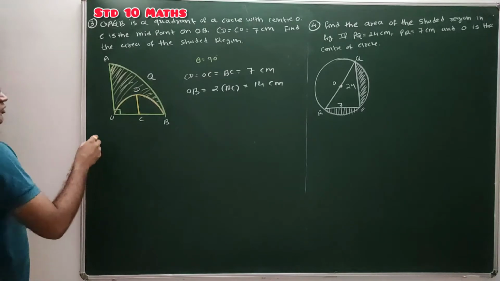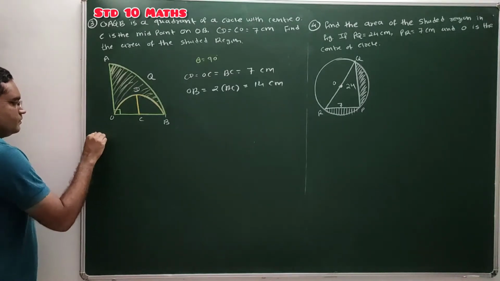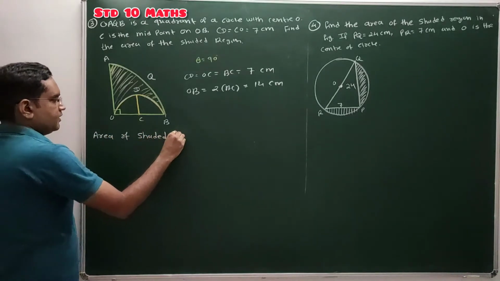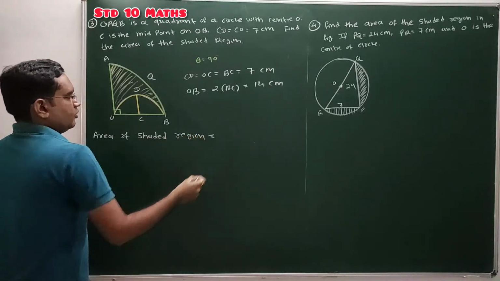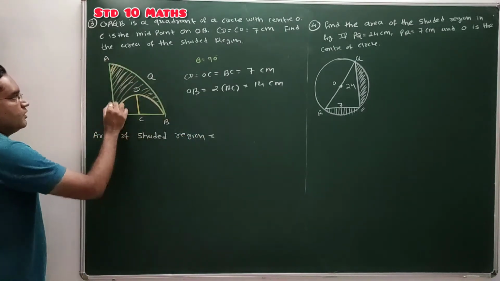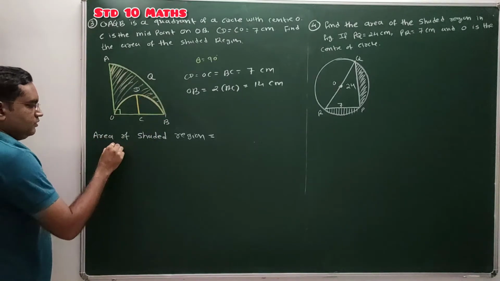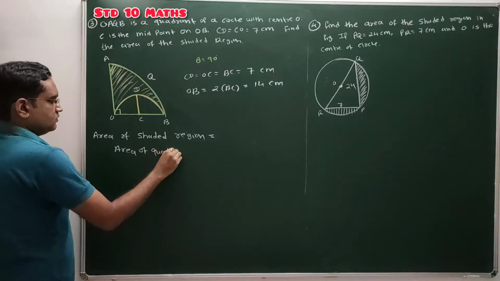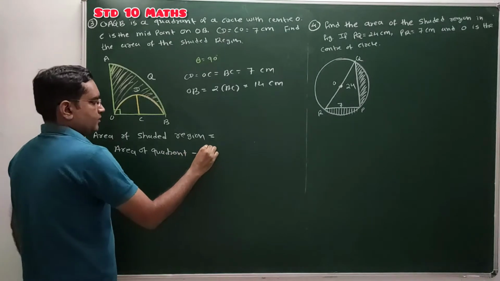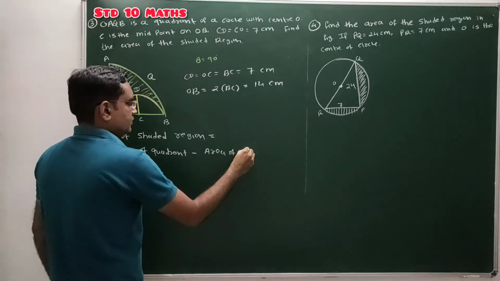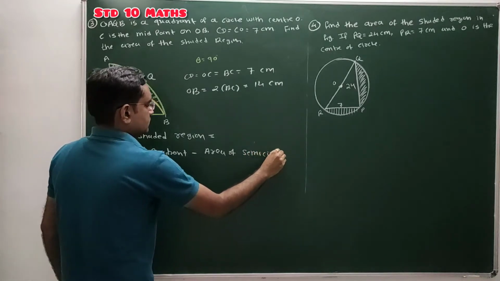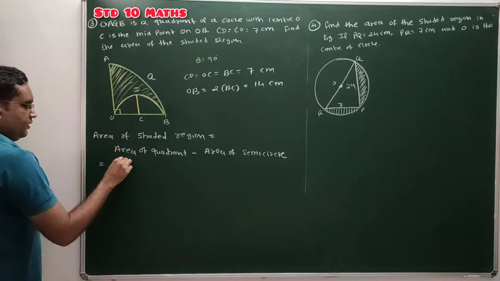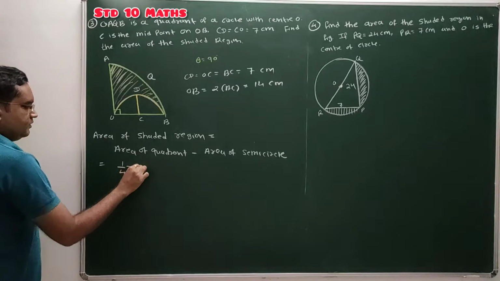Area of shaded region is nothing but the area of quadrant of circle minus area of semicircle. Area of quadrant of circle is 1 by 4 pi r square.